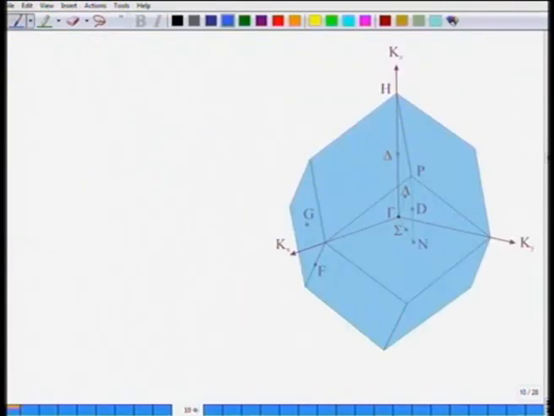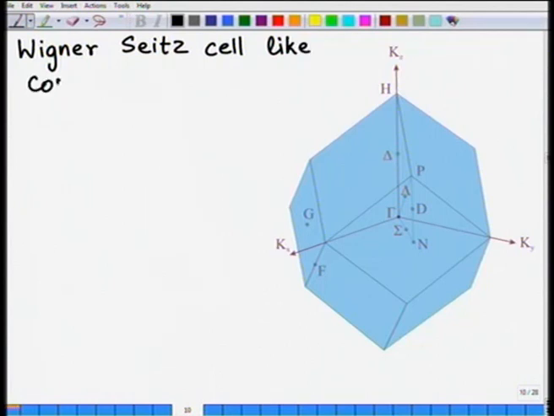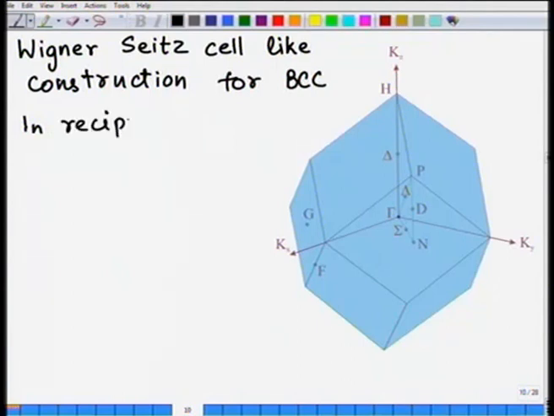Now, this picture I will show you. So, this is where I am introducing the Brillouin zone. Instead of doing the Brillouin zone one more time, at this point of time, Wigner-Seitz.